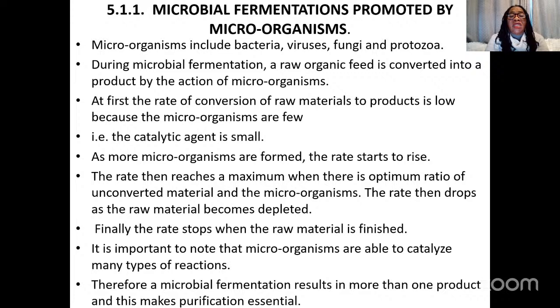You will need the microorganisms to multiply to the concentration that will enable a higher rate of conversion. As more microorganisms are formed, the rate starts to rise. The rate then reaches a maximum when there is an optimum ratio of unconverted materials and the microorganisms.